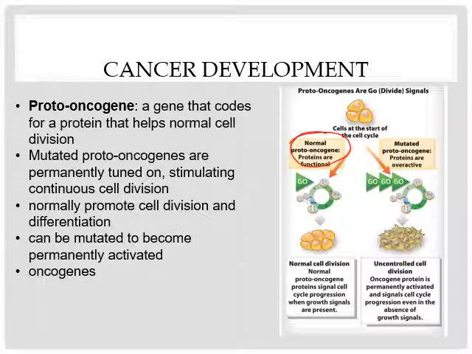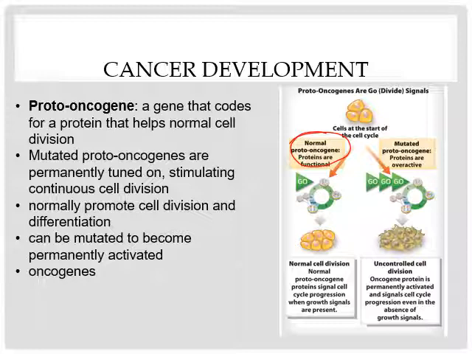Normal proto-oncogene proteins are functional, and it just tells your cells when to go. It signals it to go into cell cycle progression when those growth factors are present, so remember our first checkpoint, it tells you to go into cell division, right? So we want that. So proto-oncogenes are just a gene that codes for a protein that helps normal cell division.